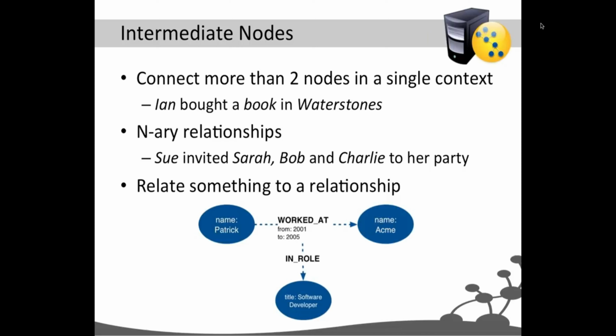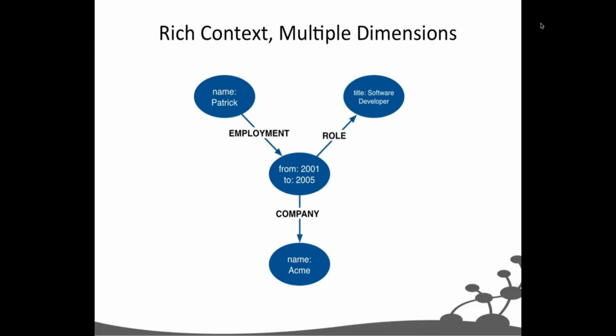Now I've used dashed lines here to indicate that this kind of structure isn't possible in Neo4j. We can't attach a relationship to another relationship. But as you're thinking about your model, thinking about your domain, you often come across situations where you think it would be most appropriate to somehow attach one relationship to another. Well, again, this is indicative that you should be using something like an intermediate node.